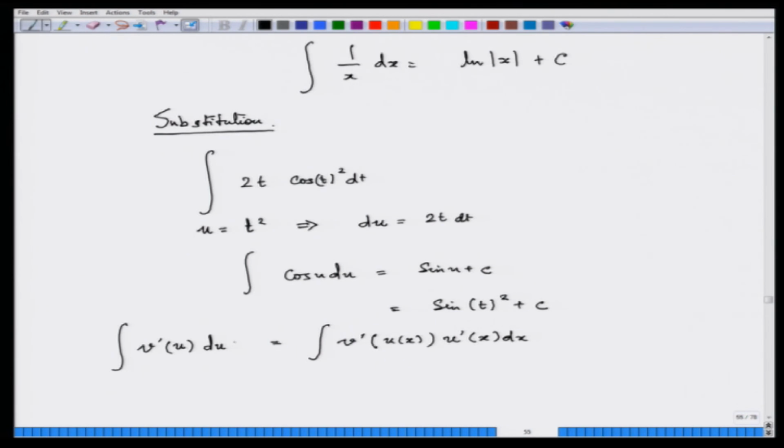So du is equal to u dash x dx. So v is a function of u and you want to integrate v dash u du, but because u is a function of x, you replace u as a function of x, and now you put the whole integration in terms of a function of x. So the differential of u, as we have just learned, is the derivative of u into the differential of x, and this is exactly what you get.